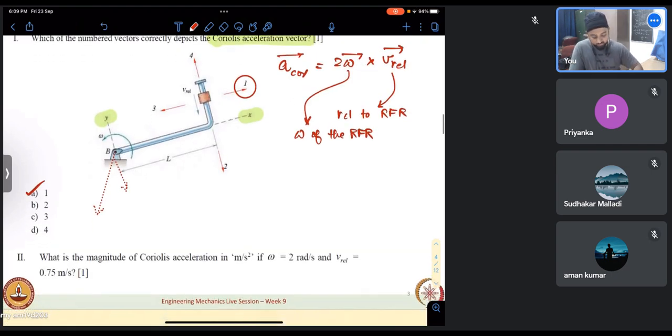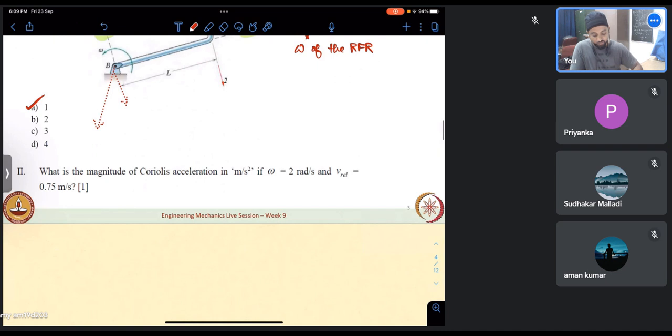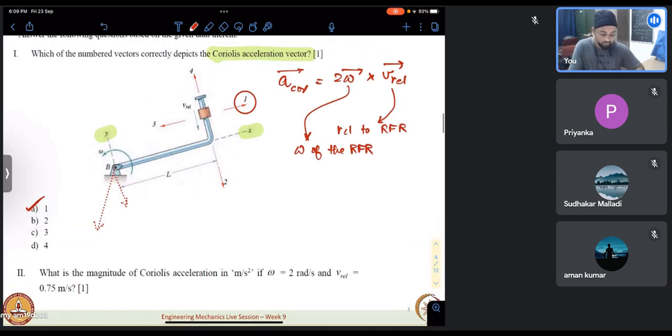Okay. So the second part says, what is the magnitude of this Coriolis acceleration in meters per second squared if omega is 2 and VREL is 0.75? It is just a simple substitution. The idea behind these questions is to familiarize yourself with small bits and pieces of the bigger picture and together assemble them in a different problem.